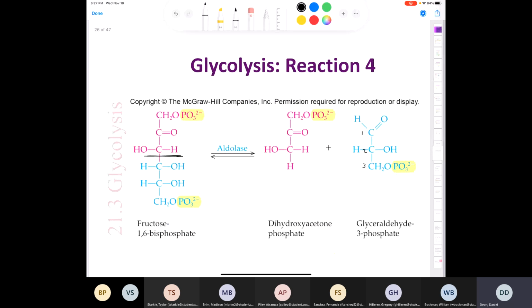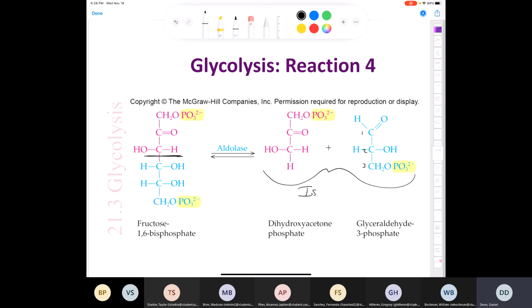Anyhow, if you compare the molecular formulas of these 2 molecules, these are isomers. Okay, these are constitutional isomers. So if G3P, or glyceraldehyde 3-phosphate, is the substrate for the next reaction, I'm going to have to take all of this DHAP, and I'm going to have to convert it to G3P.